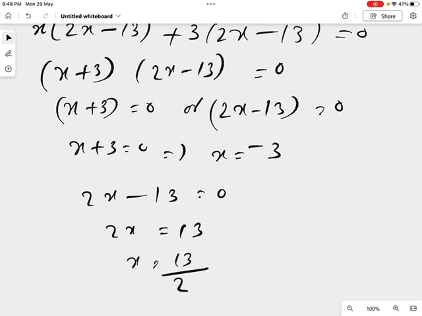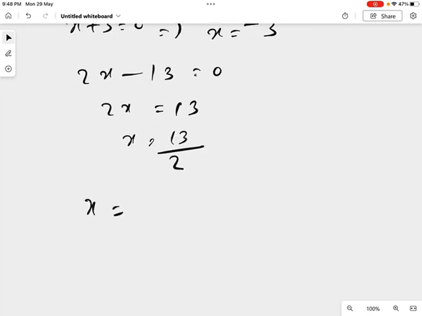That is, x is equal to minus 3 or x is equal to 13 divided by 2. This is solving a quadratic equation by factorization.